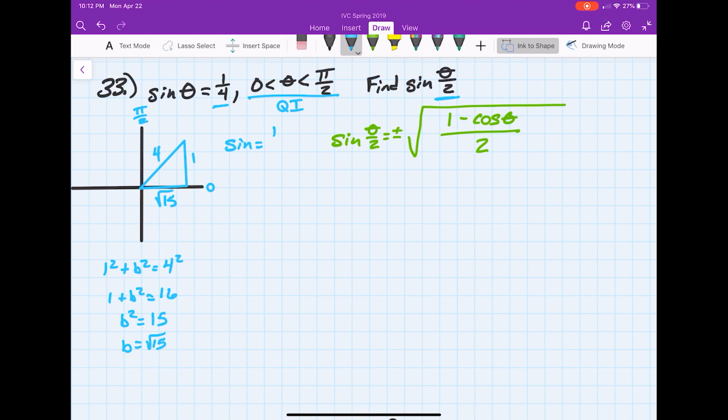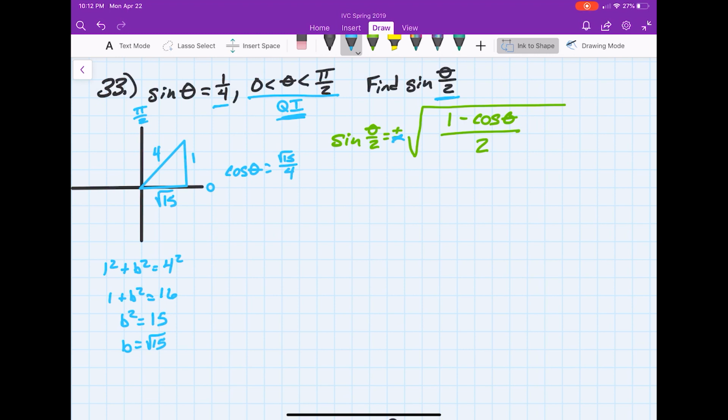So our sine is 1 over 4, which they gave us, but we don't need it for the formula. We only need the cosine, which is square root of 15 over 4, just like I mentioned a moment ago. Now we're only working in the positive side, so we don't need the plus or minus of this guy. So we're just going to look at the plus portion of this.